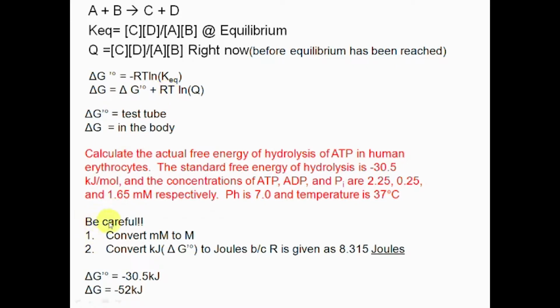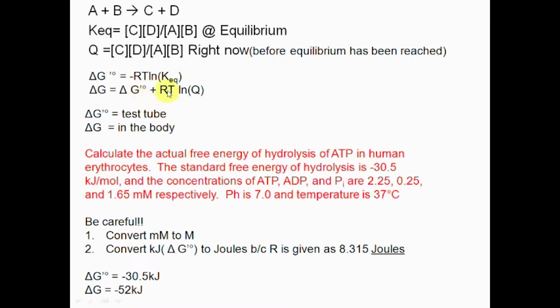Be careful. Convert kilojoules in delta G prime naught to joules, because R is given in joules. So we take this negative 30.5 kilojoules and multiply it by 1,000 to get negative 30,500 joules.